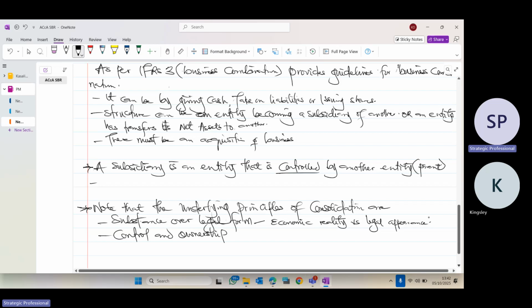For example, if you look at a hire purchase agreement, the legal form says that a company will buy, let's use a car, on a hire purchase basis, has already paid the advance, then agrees to pay the remaining balance by installment. Legally, the company does not own the car until the final payment is made. But the economic reality is that control has been passed to the company.